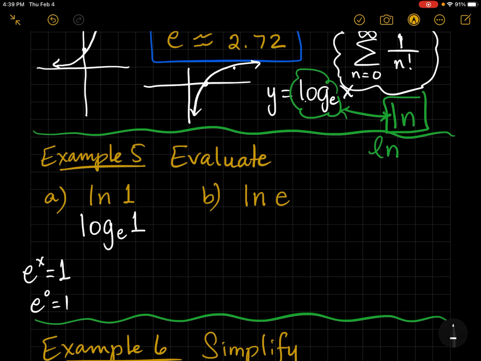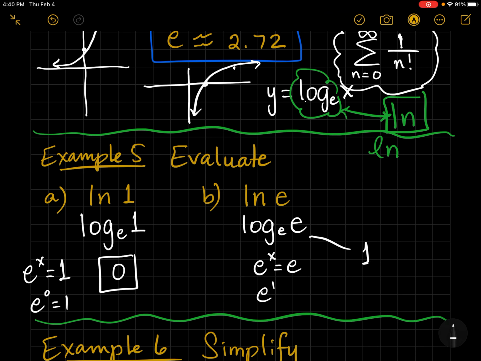Anything to the 0 power equals 1, so that's 0. Now, what is the natural log of e? No calculator needed here. I'm going to change ln to log base e of e. So e to what power equals e? The first power. So this just equals 1.